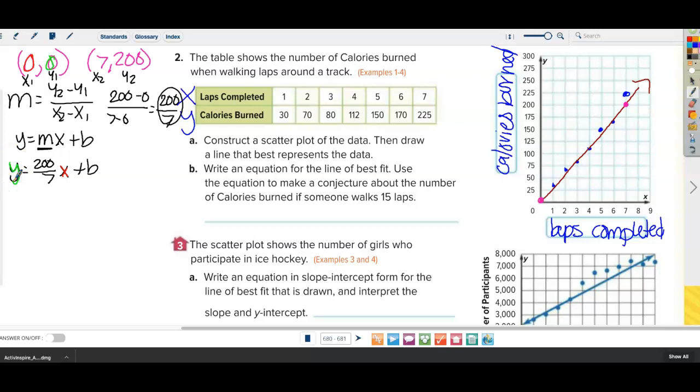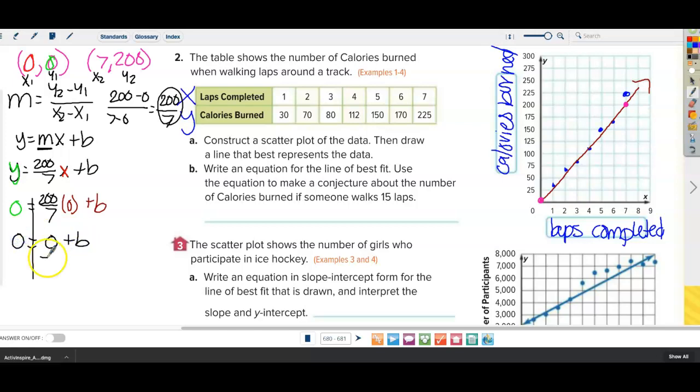So in place of y, I'm going to have 0 equals 200 over 7, and my x was also 0, plus b. I need to simplify one side of the equation first. So 200 over 7 times 0 is actually 0, plus b equals 0.